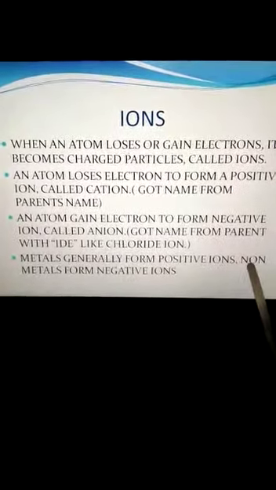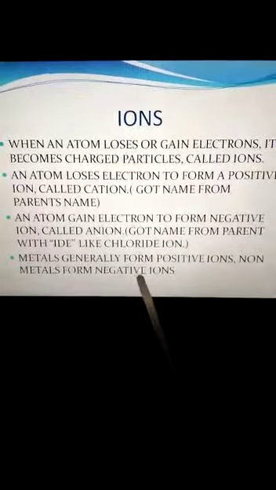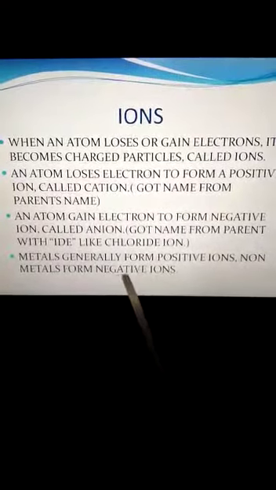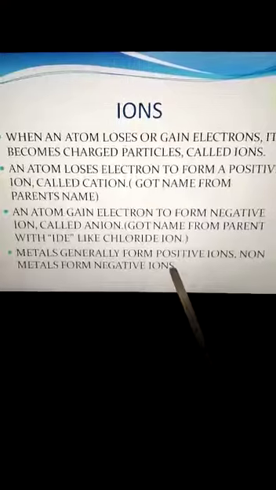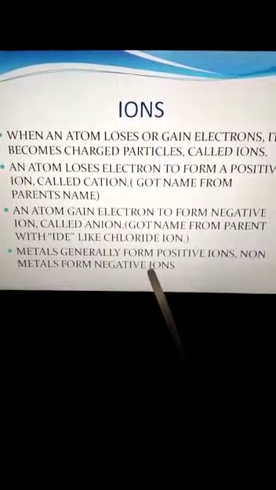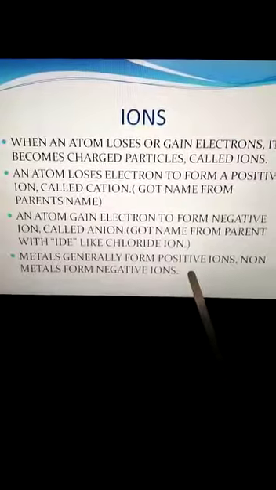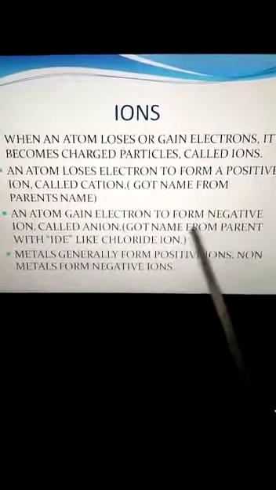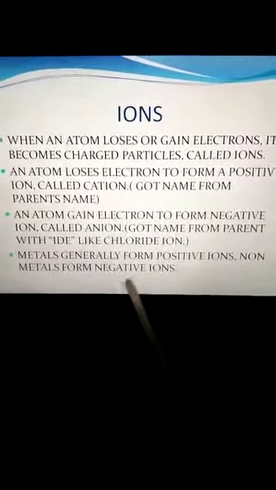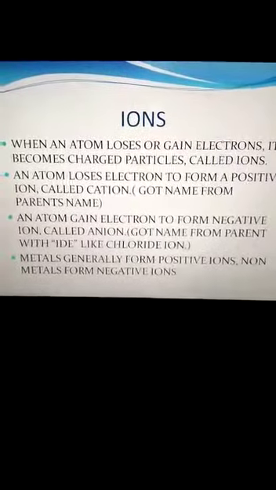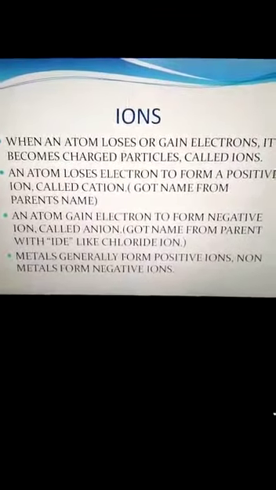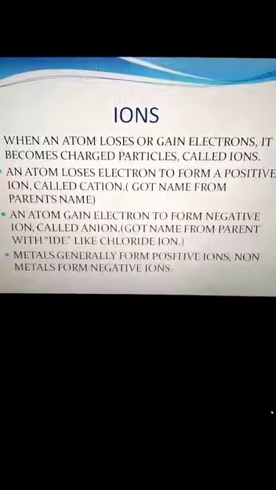Whereas nonmetals form negative ions because in their last shell or valence shell nonmetals have 5, 6 and 7 electrons. So they always try to accept electrons from others, giving negative valencies or negative ions.